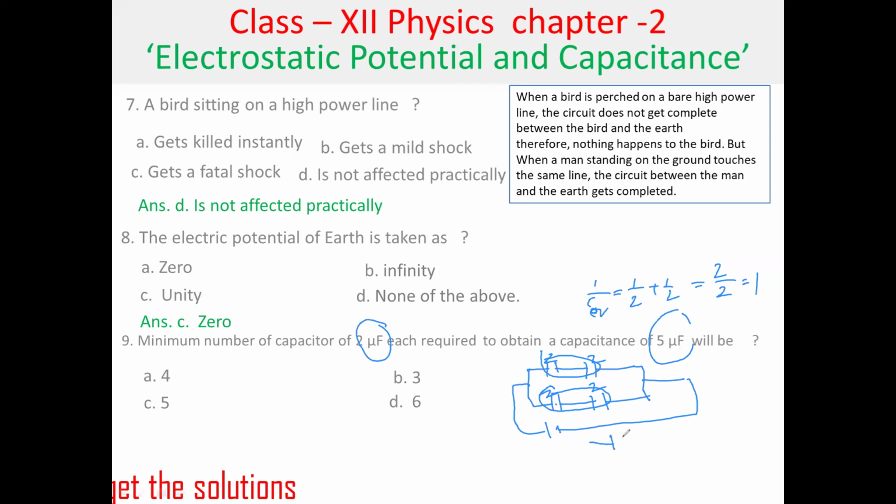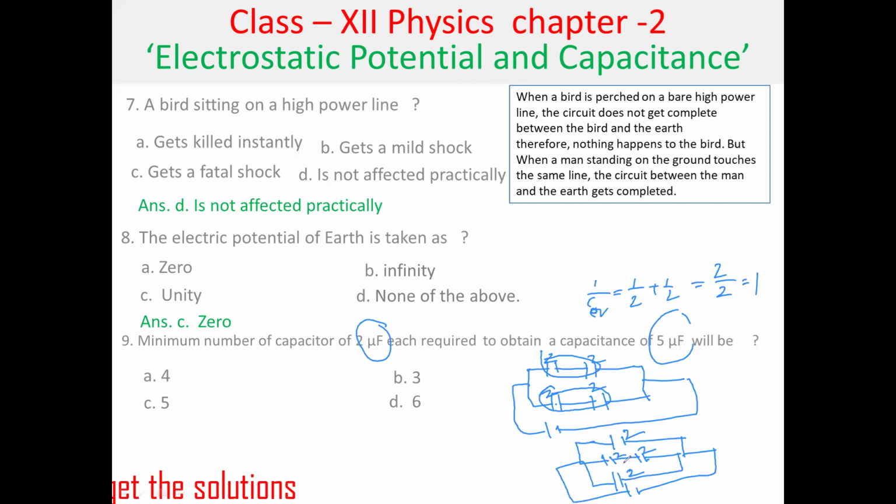Suppose 1 is in here and second there is 2, put 2 here in series and 1 again in parallel. Now connect them together. So it is 2, it is 2, it is 2, it is 2.